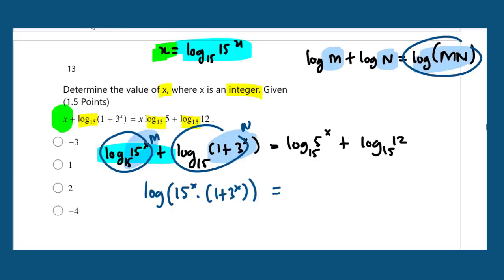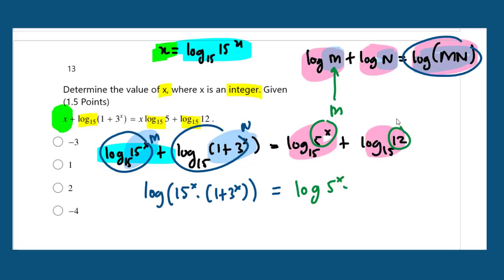Same procedure for this one: this is m, this is n, changing to a single log, log of m, 5 power x, times n, 12. Then the same base, 15.